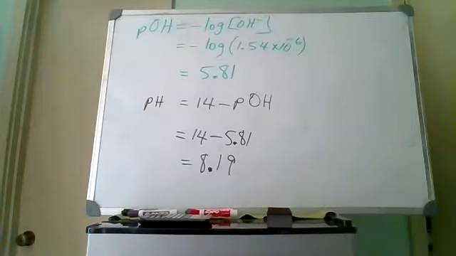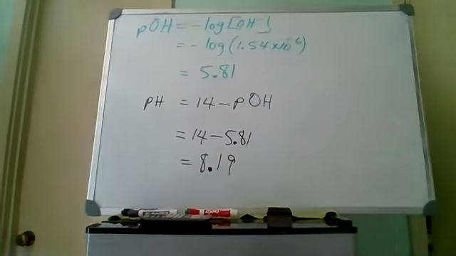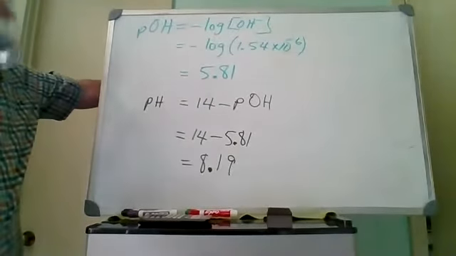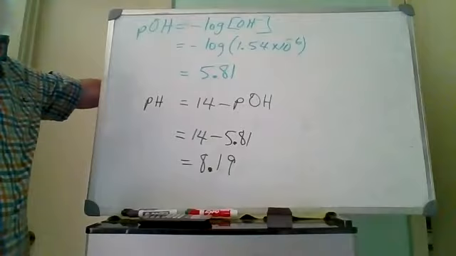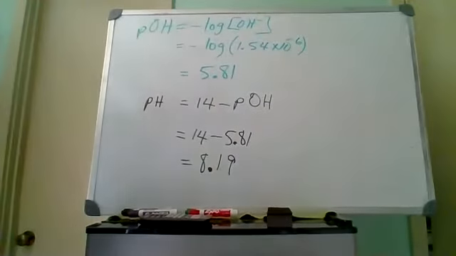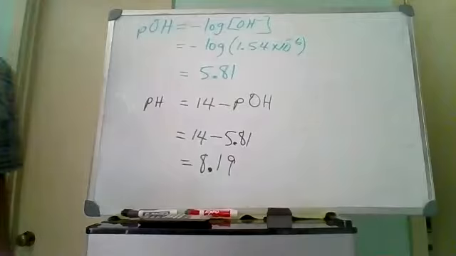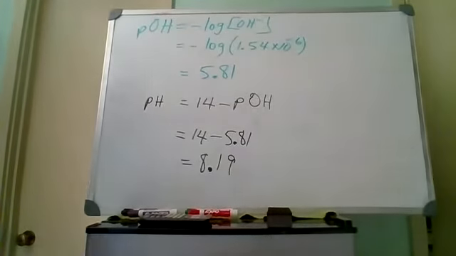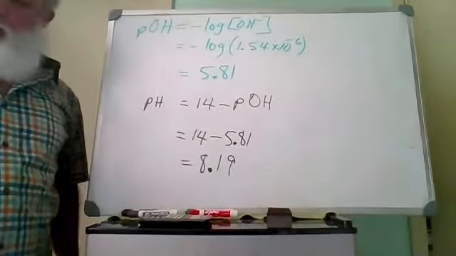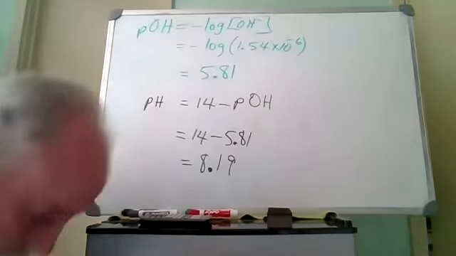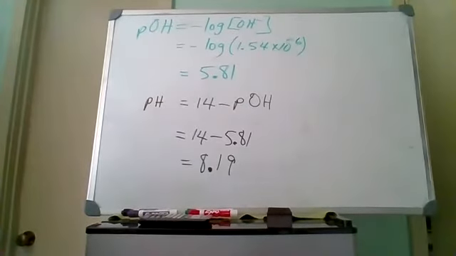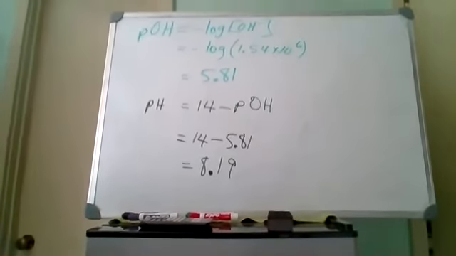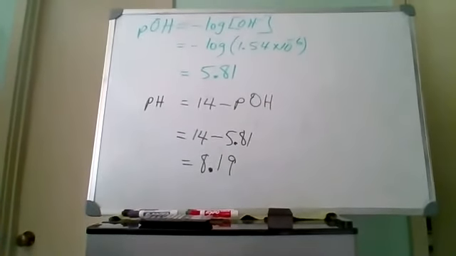Now notice, again, we tied a lot of things together here. We used ICE tables from earlier in this chapter, chapter 16. We used equilibrium constants from chapter 14. We used the pH and pOH scale from chapter 15.